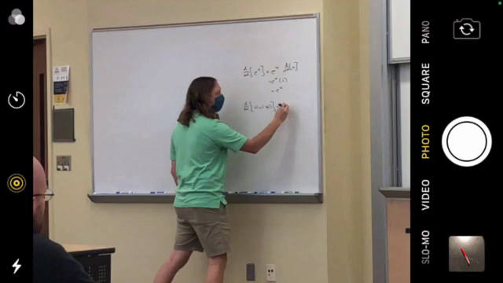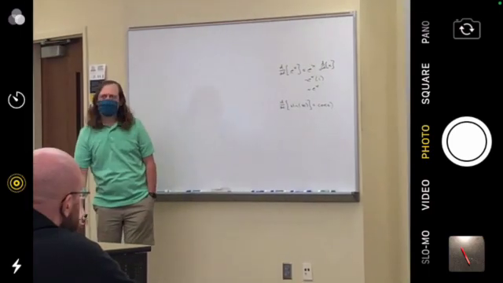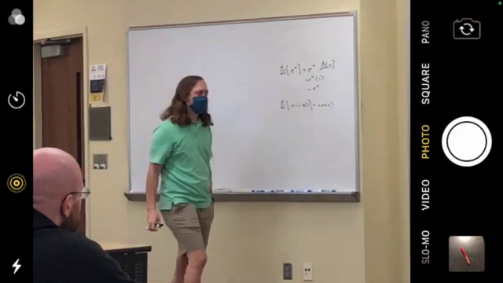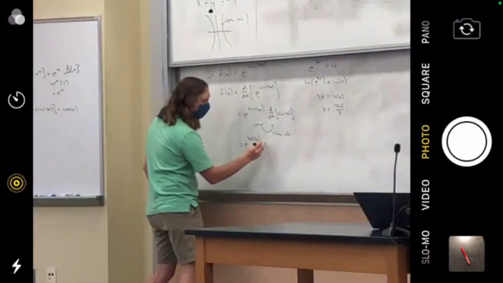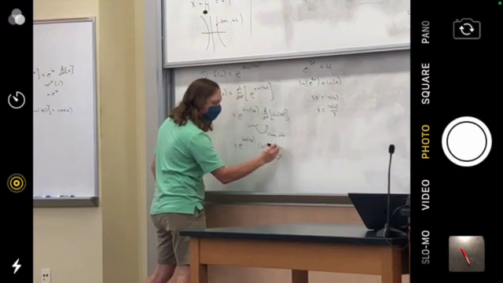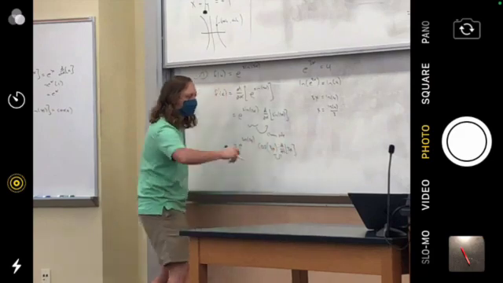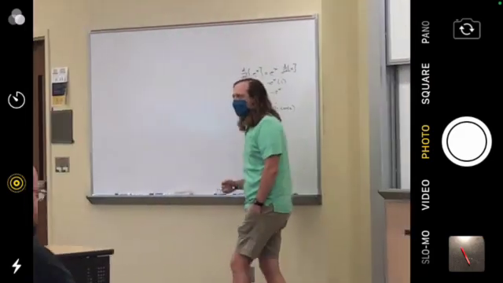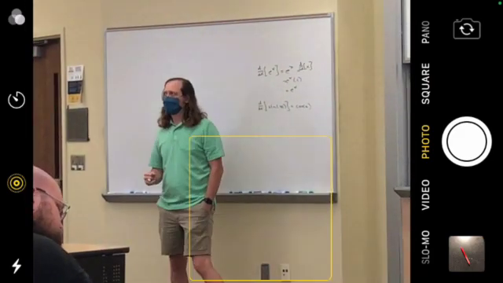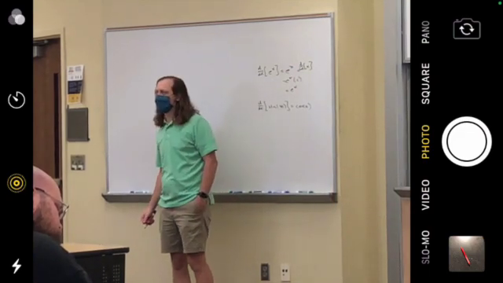That is cosine of x. So here I'd say the derivative of sine must be cosine. But I wasn't plugging in x, I was plugging in 3x. So I need to chain rule again to multiply by the derivative of 3x. Because I wasn't only plugging in x, I need to put this last piece on there.